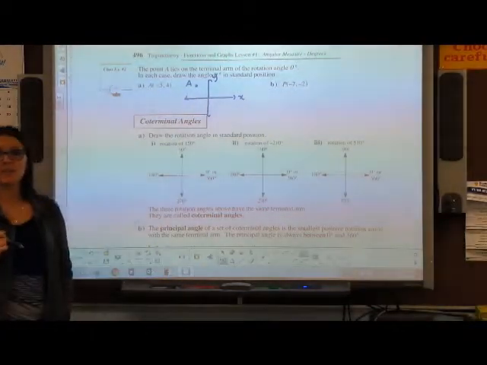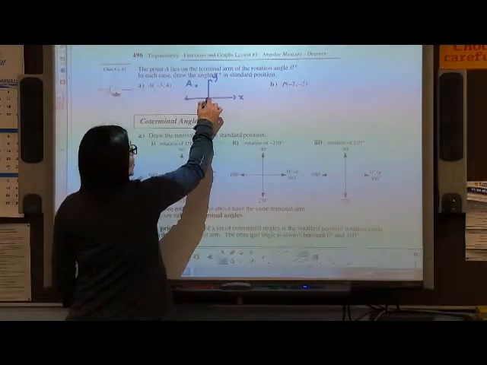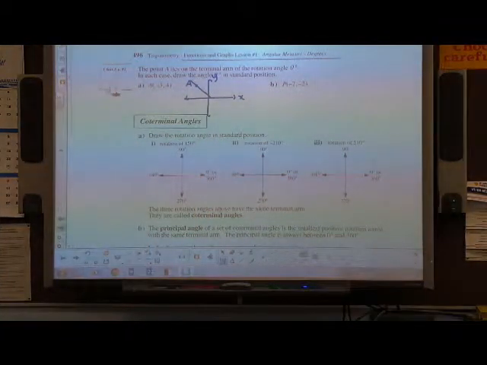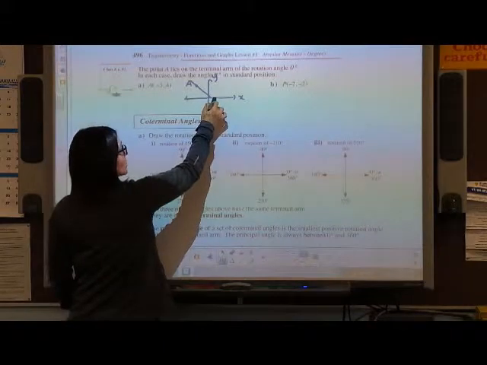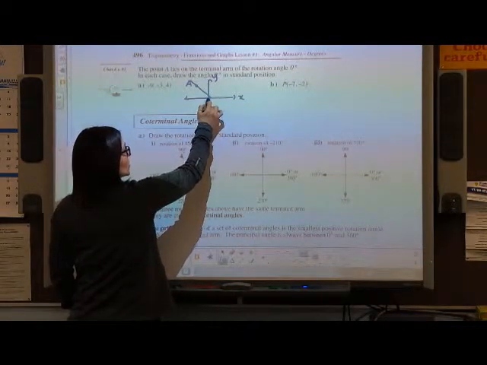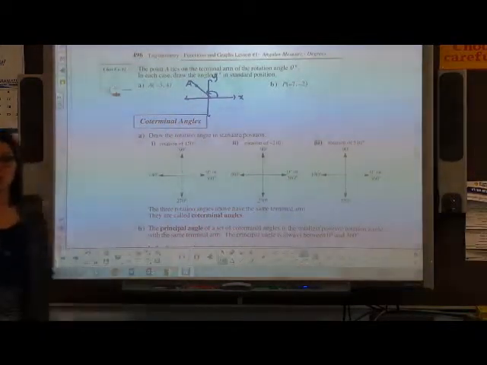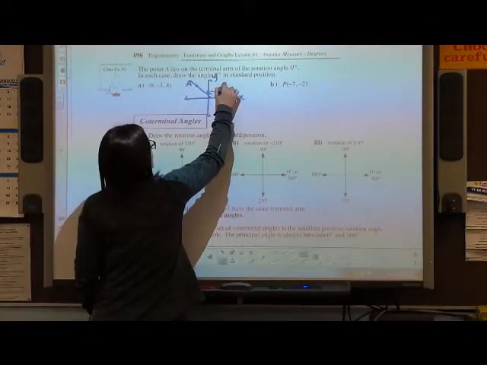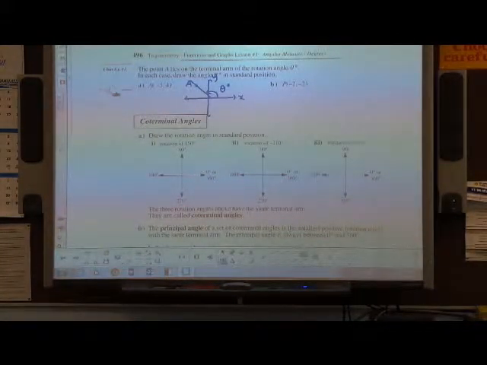There's point A. I'm going to draw a line from the vertex, or from the origin, through point A. And then my angle in standard position starts from the initial arm on the x-axis and goes to the terminal arm. That's my angle theta. Okay, I'll give you a moment and I want you to do the second one.